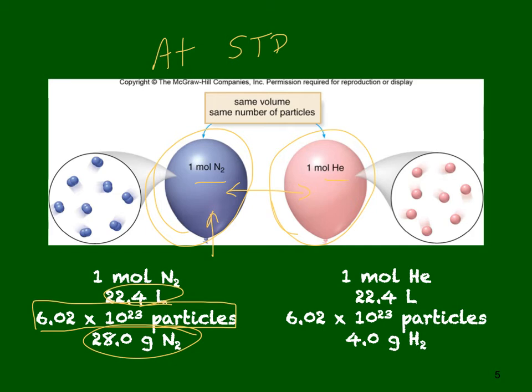And it's the same thing for helium. 22.4 liters, that's 1 mole of helium. That is 4 grams of helium, not hydrogen, that would be bad. Helium. And then 6.02 times 10 to the 23rd particles. So we can always use our molar volume as long as we are at STP to find the number of moles of a gas.